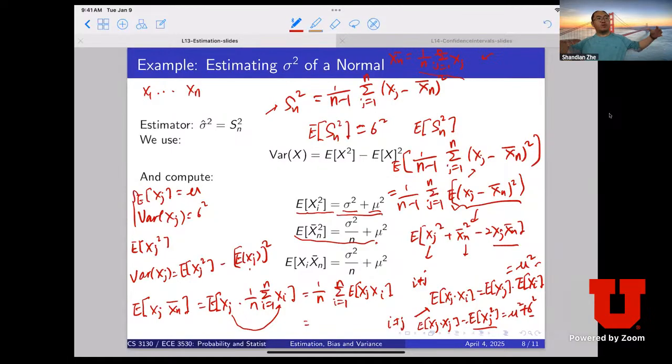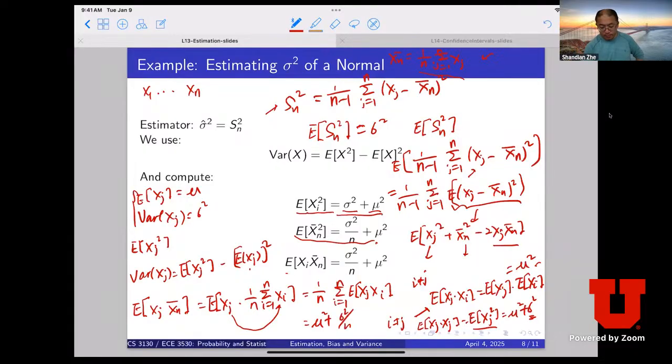So when you add them all together and then divide by n, you end up with mu square plus, because you only have one term which has the sigma square, and then you divide it by n, so you have this sigma square over n. Question?